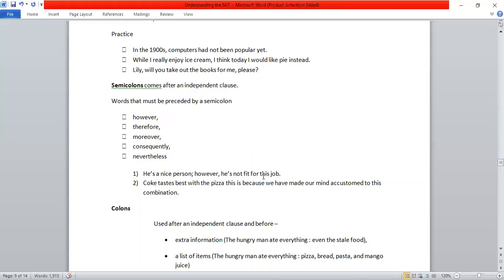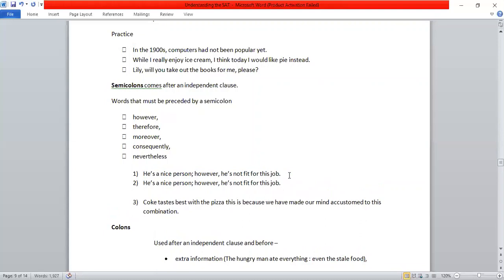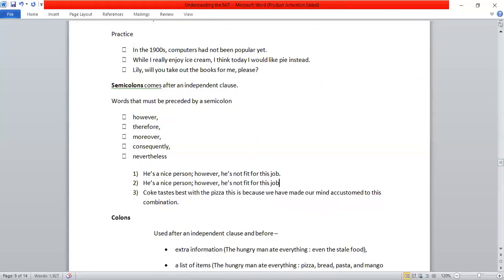So a catch over here. If the same sentence would be written with the use of only a comma and not a semicolon, then what would I do? I'll write it this way. He's a nice person. And then I'll put a comma. And then I'll use the word but instead of however. But he's not fit for his job.